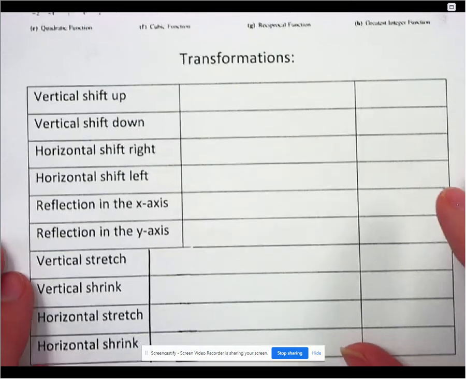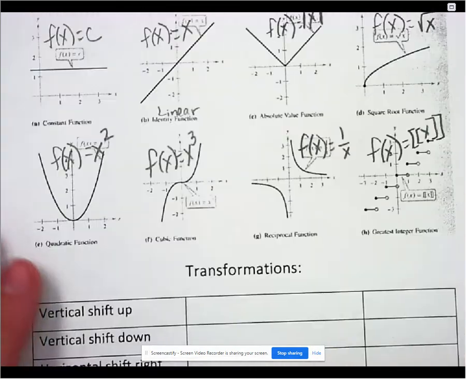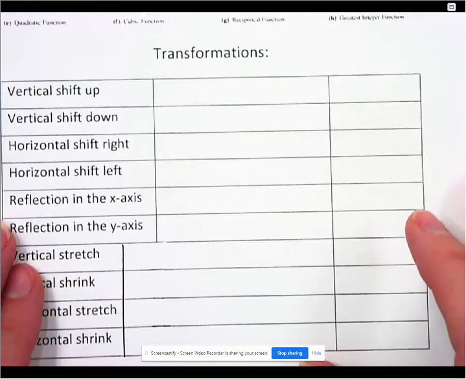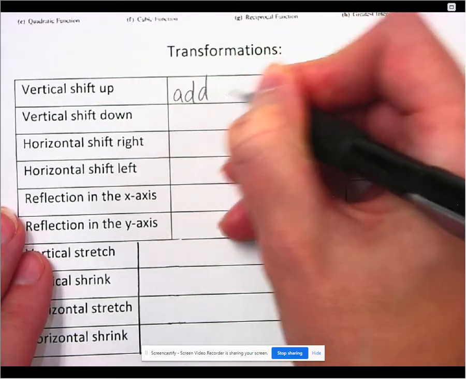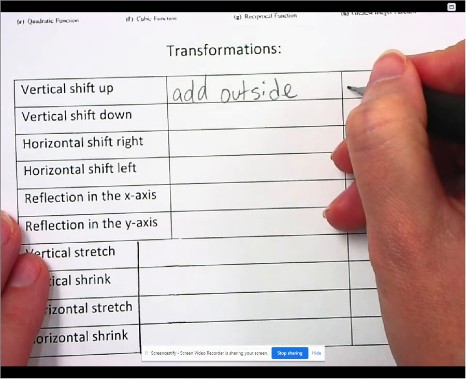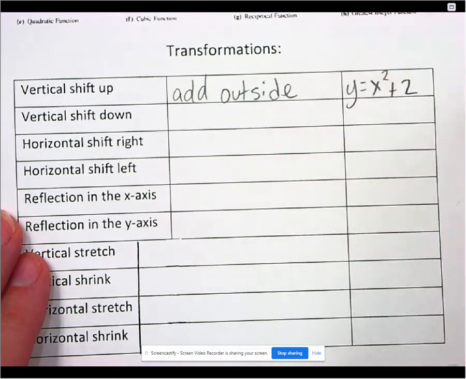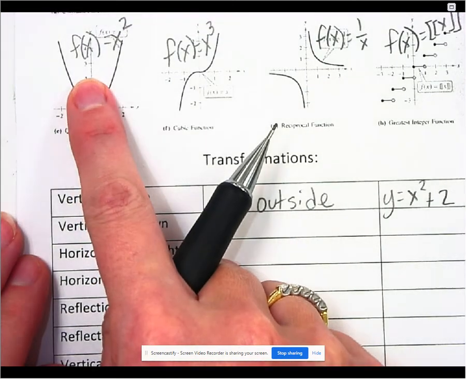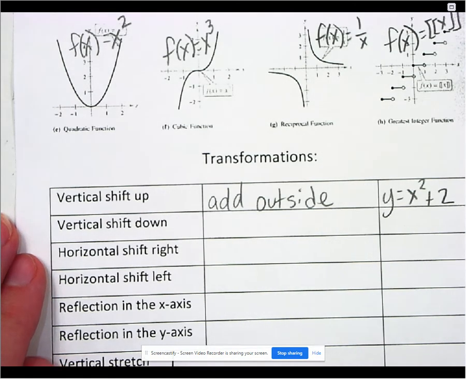All right, so one transformation is whenever you take a parent function and you shift it up. To shift a parent function up, you add outside. That would be something like y equals x squared plus 2. That would take this parent function and shift it up to get a new, transformed function.